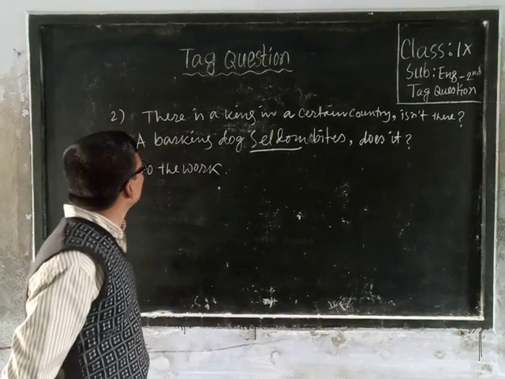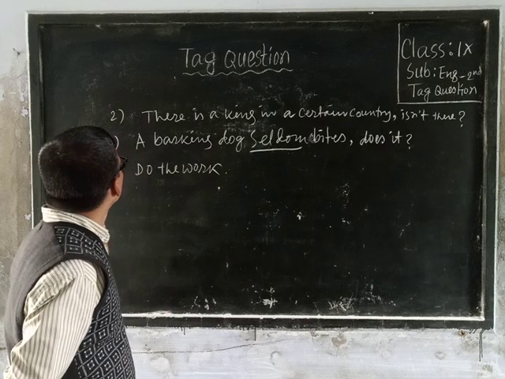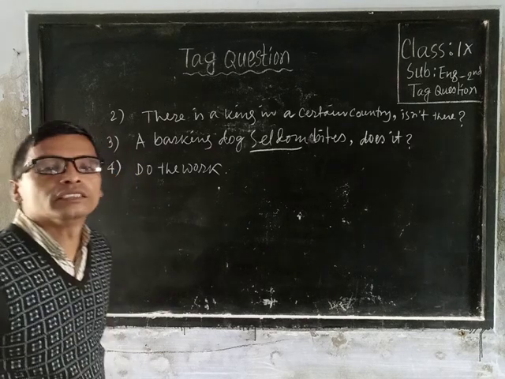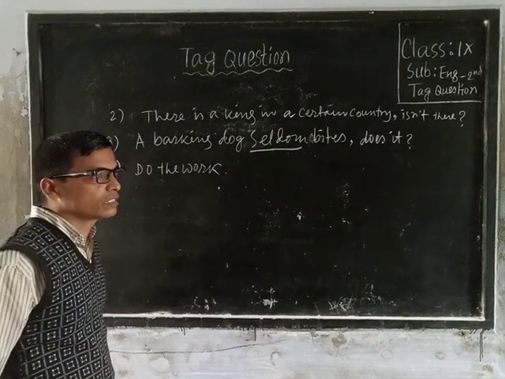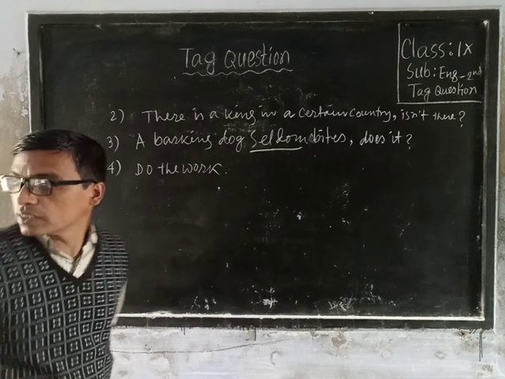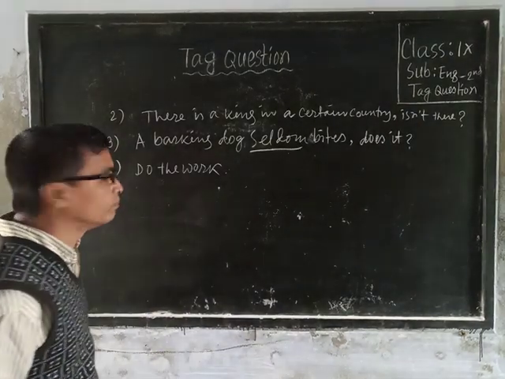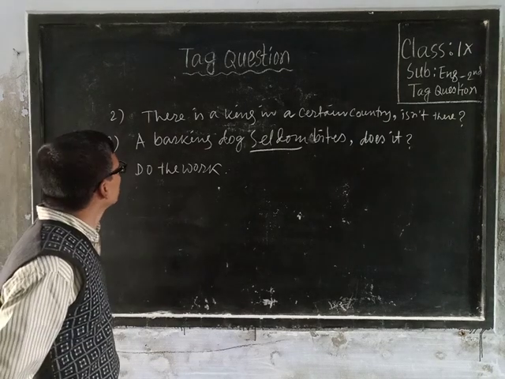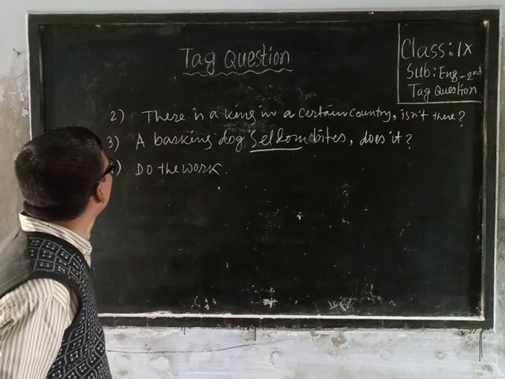It is very clear to us that the sentence is an imperative sentence, because it is started with a verb. So how can we change this into a tag question?